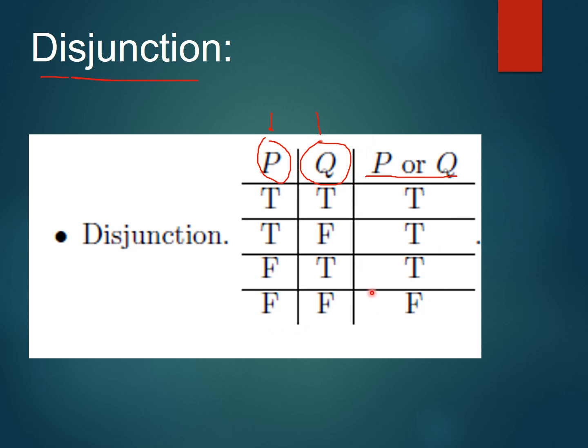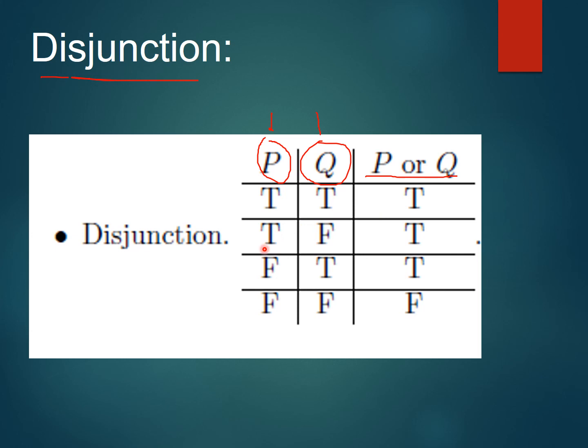Now come to the final column, that is P or Q. As we know, P or Q will be true when either P is true or Q is true, or both are true. So reading it row wise, consider the first row: both P and Q are true, so the answer will be true.